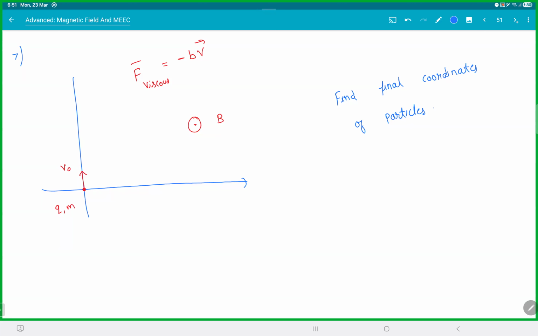Take 2 minutes. There's an interesting idea there, which you're going to use again later on in work, power, energy also. Try for 2 minutes.